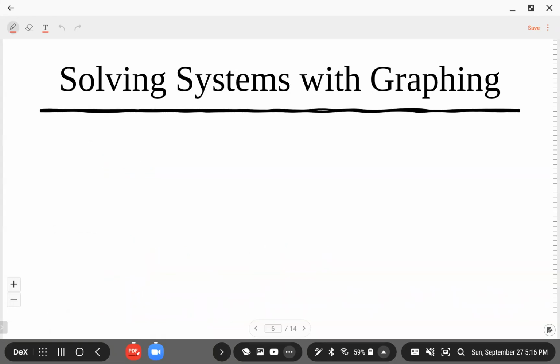Solving systems with graphing. As I said earlier, you have to graph those two lines and then find the intersection point. I included graphing to help you understand and visualize that intersection point. Now, graphing isn't actually a very effective way. Let's say the intersection point is actually a fraction.